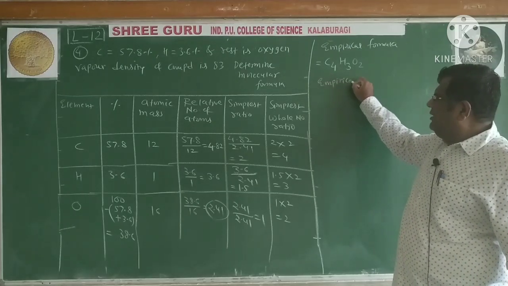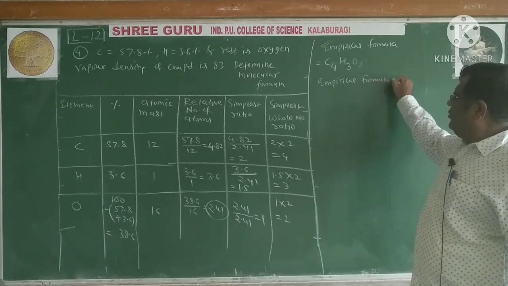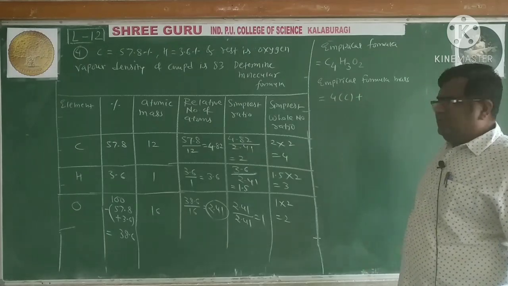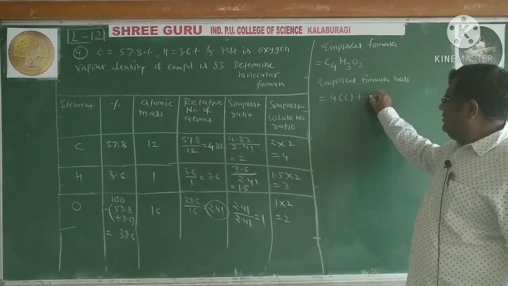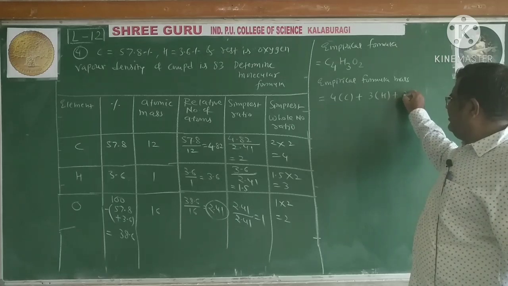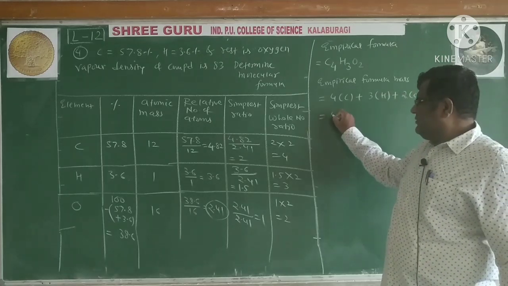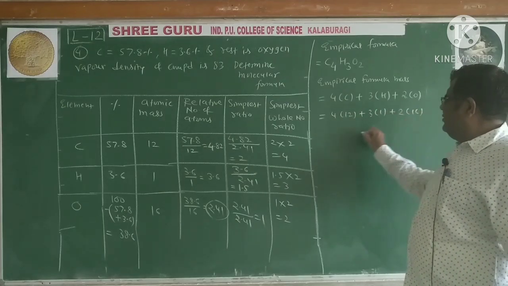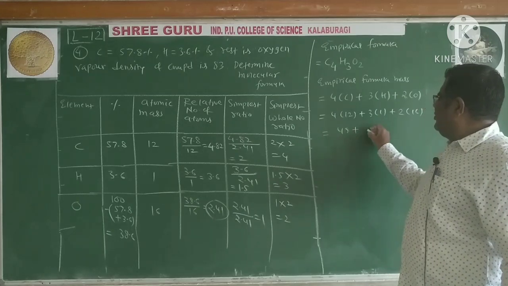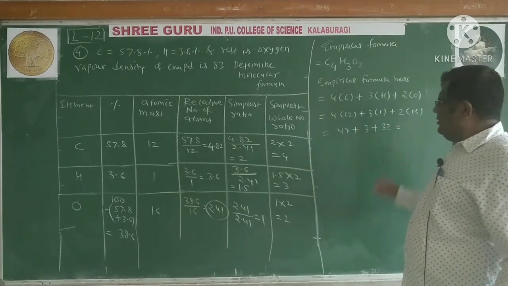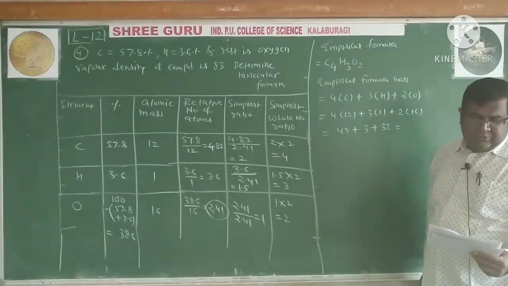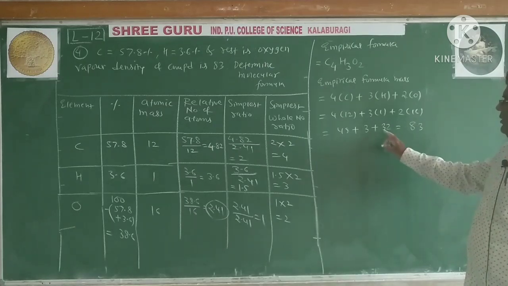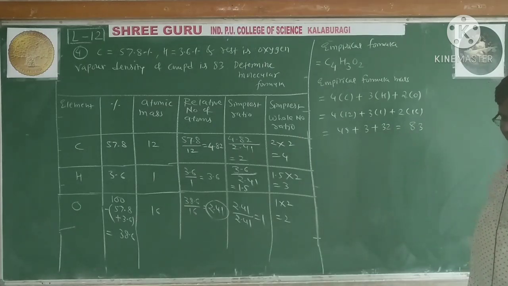Calculate the empirical formula mass. 4 carbons are there, 3 hydrogens are there, and 2 oxygens. 4 times 12 is 48, 3 times 1 is 3, 2 times 16 is 32, and that happens to be 83. Yes, it is 83, right.